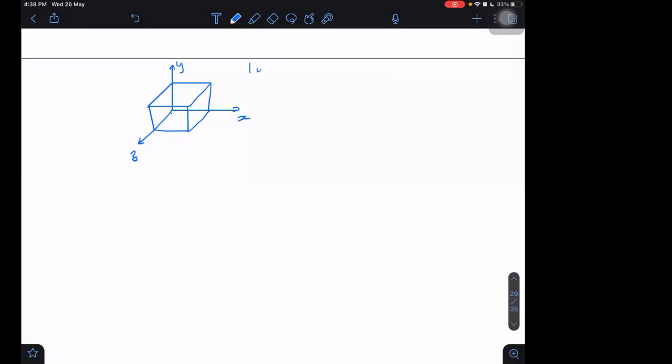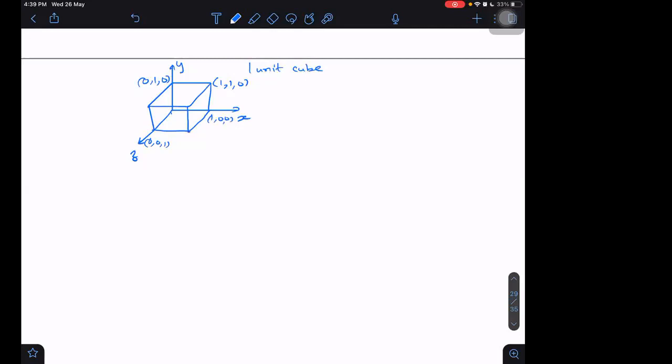I am taking a 1 unit cube. Side is 1 unit. Then I am getting the coordinates as 1, 1, 0, 1, 0, 0, 0, 1, 0. This side 0, 0, 1.